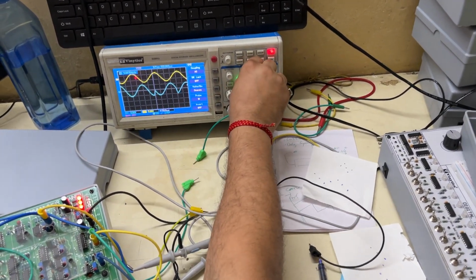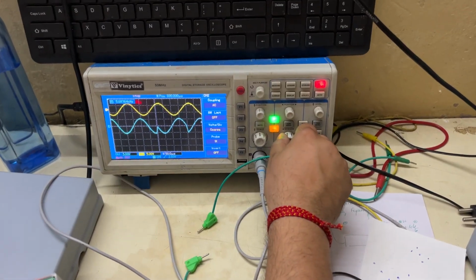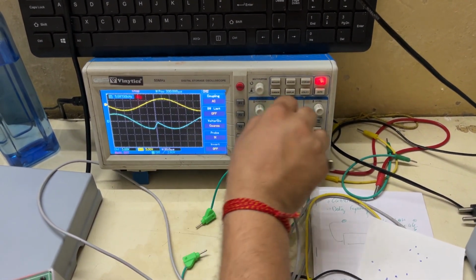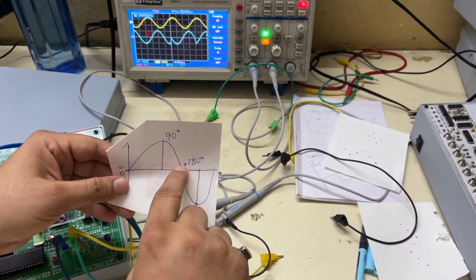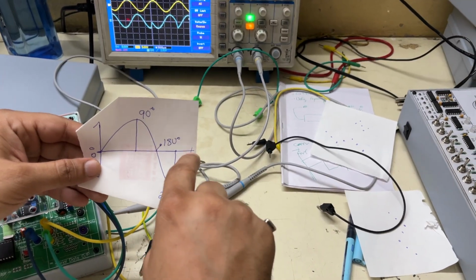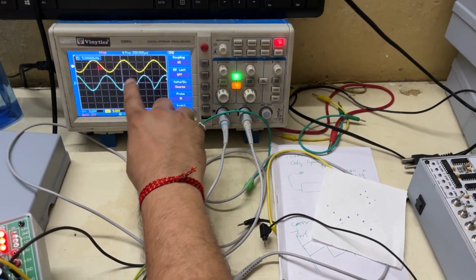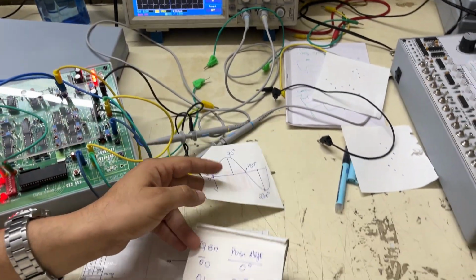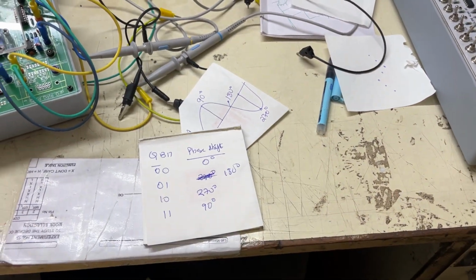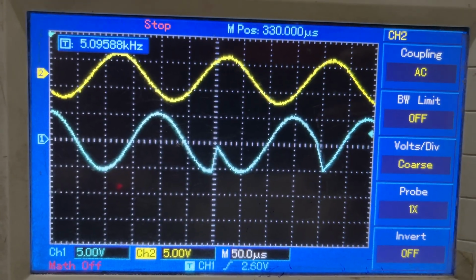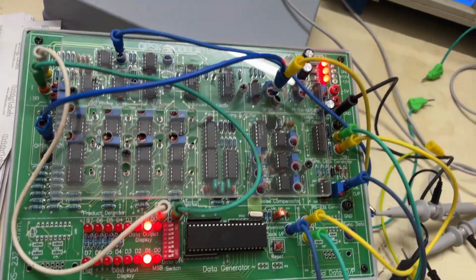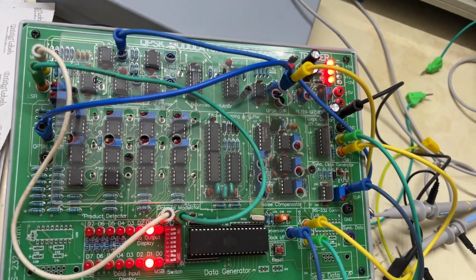As you can see clearly here, the signal is getting cut off at this point. The starting of the wave is exactly from the midpoint, which as per what we have shown is our 180. So this one is considered as the 180 degree phase shift. So this is our 180 degree phase shift for our data 0 1.